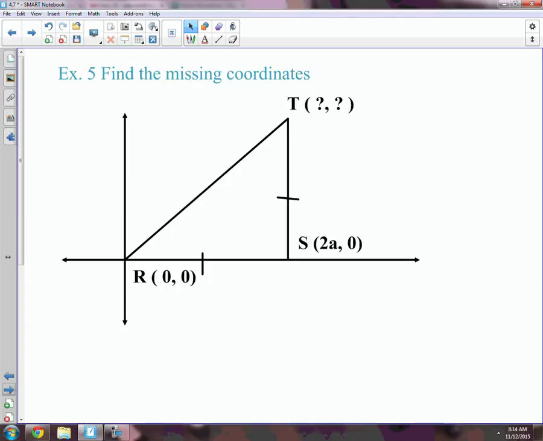How long is side RS? 2A long. Okay, so then that means that side ST has to be 2A units long as well, because they're congruent. So if we think about T, how far over is T? 2A. How high up is T? 2A. Bam, there we go. That's our answer for that one.